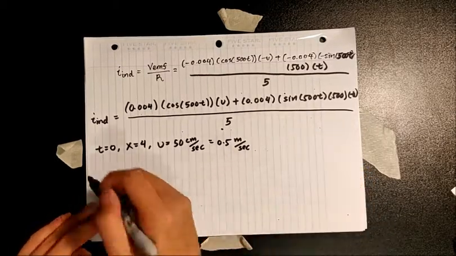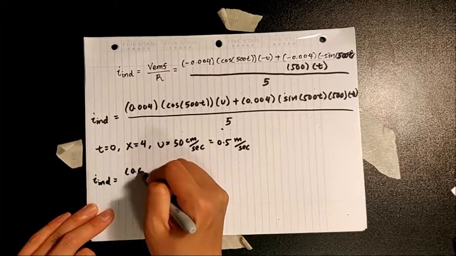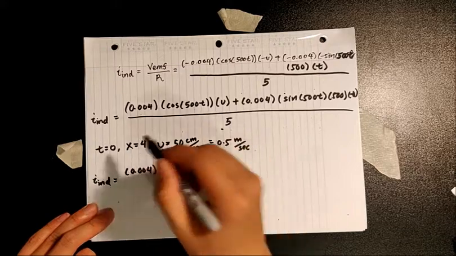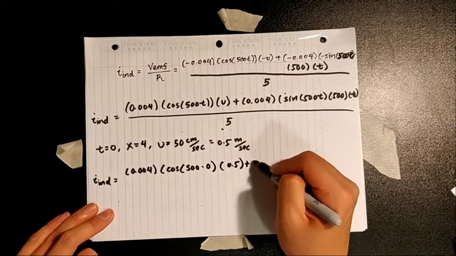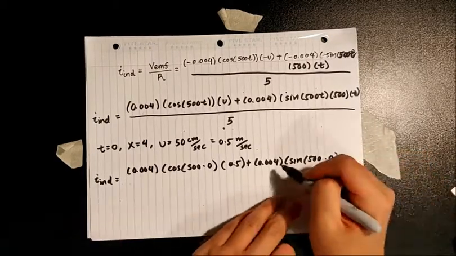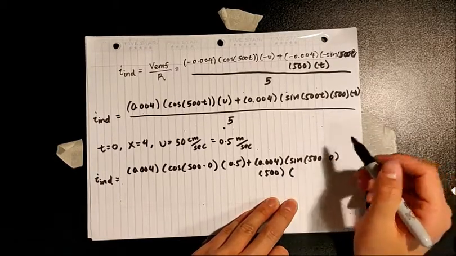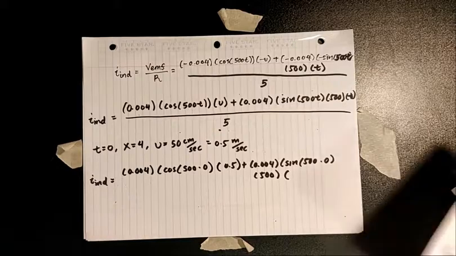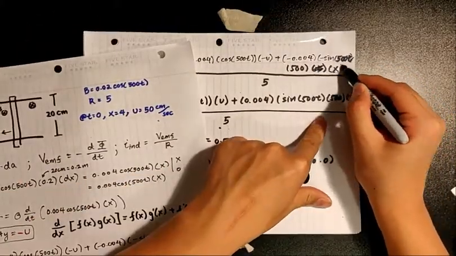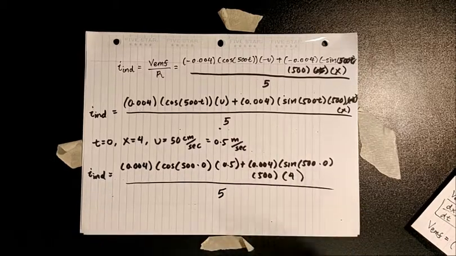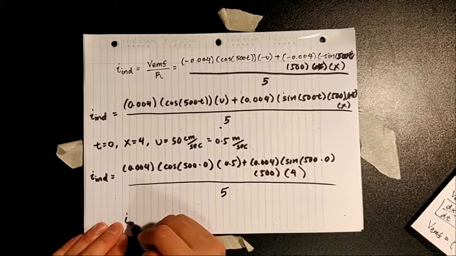So plugging it in here, we get I induced equals 0.004 times cosine of 500 times 0, because time is 0, times u, which is 0.5, plus 0.004 times sine 500 times 0 times 500 times t times, actually I wrote this wrong, this was actually x, sorry about that, x times 4, all divided by 5.